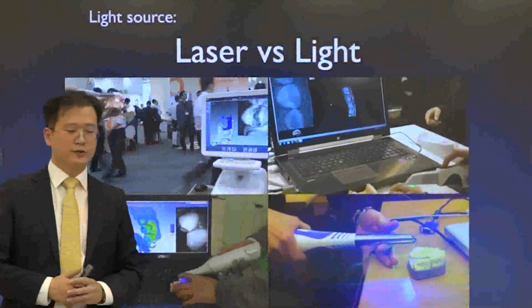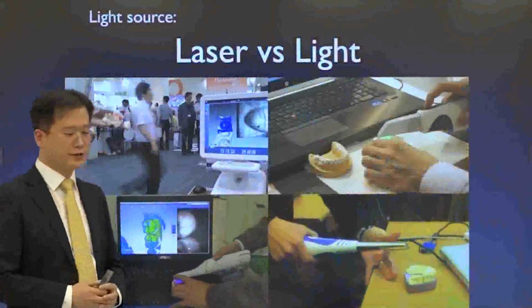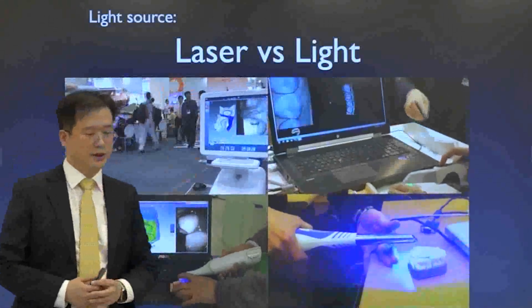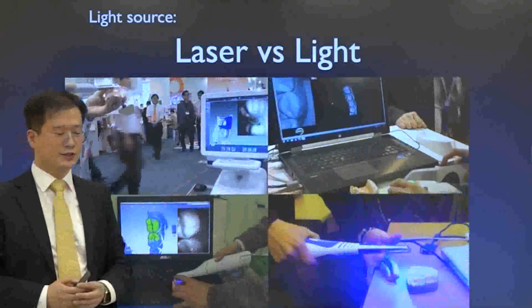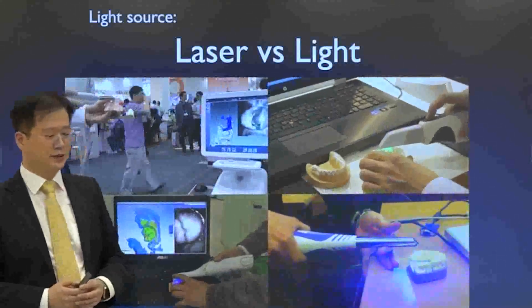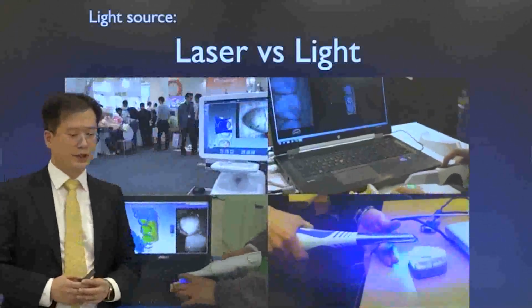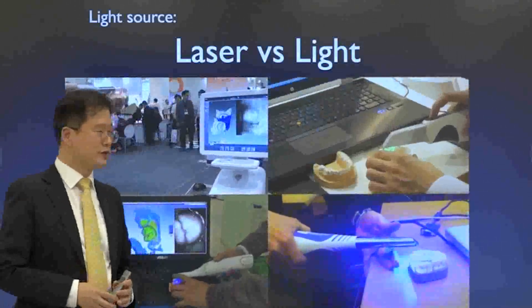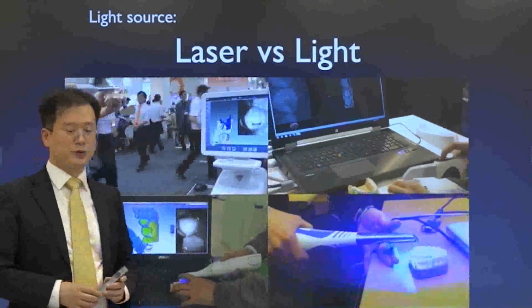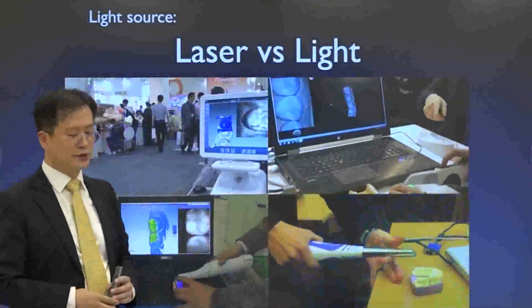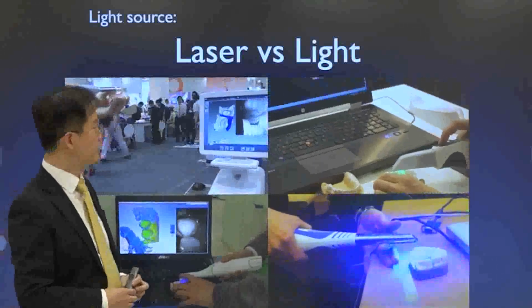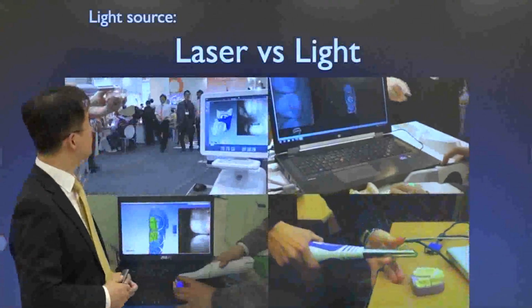The light source of the intraoral scanner is divided into two types. Lasers are said to be imprecise due to speckle. It is true in theory, but the effects are too small to matter in practice, so you don't have to be worried. Most of the recently introduced intraoral scanners are based on light instead of laser.